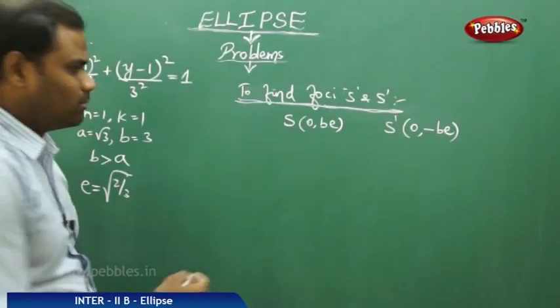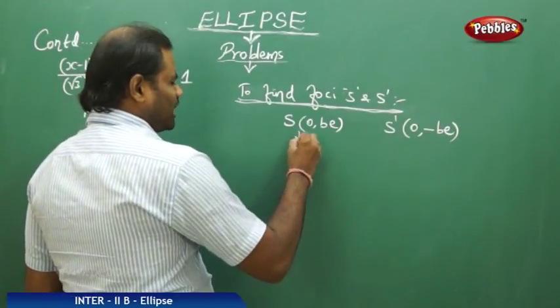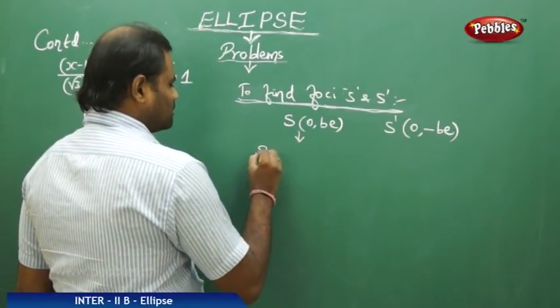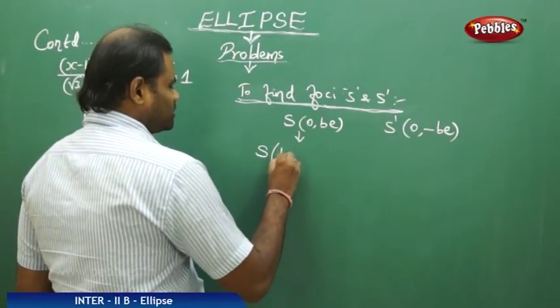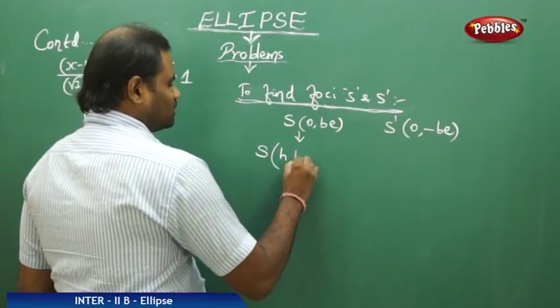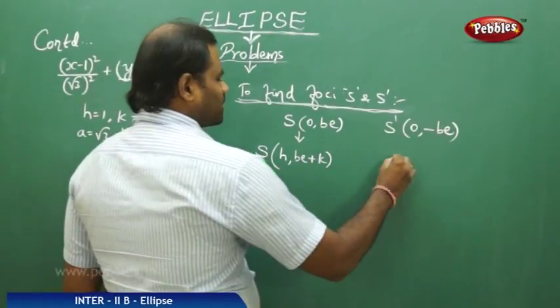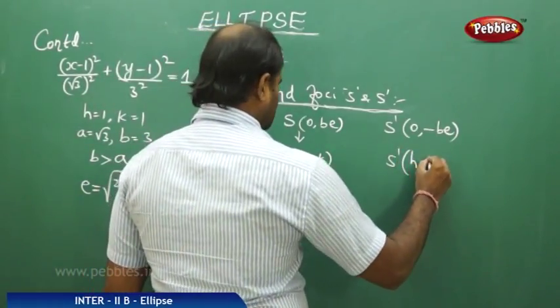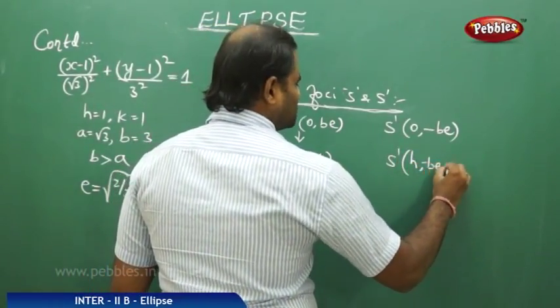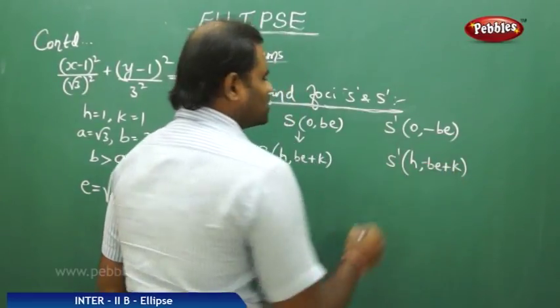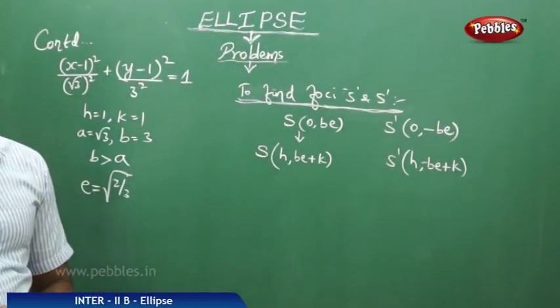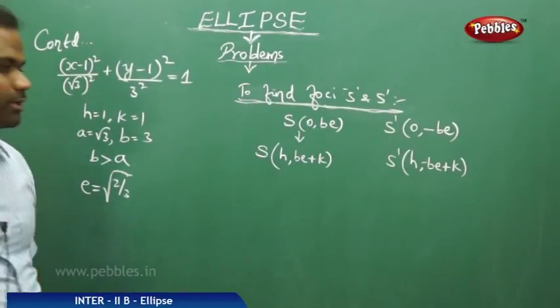For the standard form, my transformed equation gives S equals (h, be plus k), and S dash equals (h, minus be plus k), is how we get the two types of transformed equations.